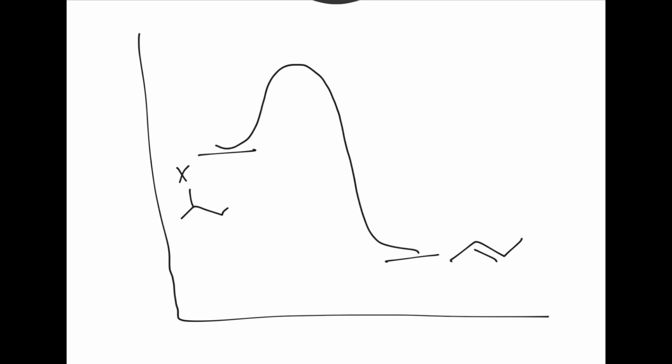So let's say here's our starting material. We have a reaction that goes up, comes down, and makes our more stable double bond, right? And if we make our less stable double bond, our less substituted double bond, our transition state is going to be higher in energy.